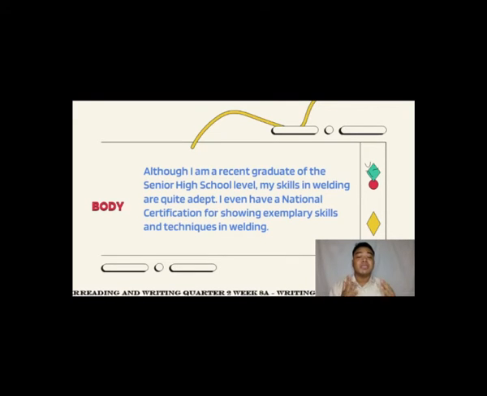That is why on this example, we can see that the applicant is honest. He is honest that he was a recent graduate from the senior high school level, but that he possesses skills that are quite adept when it comes to welding, that even has a national certification for his exemplary skills in welding.